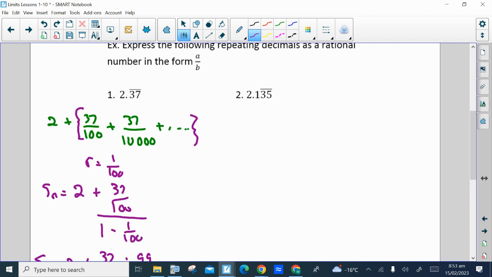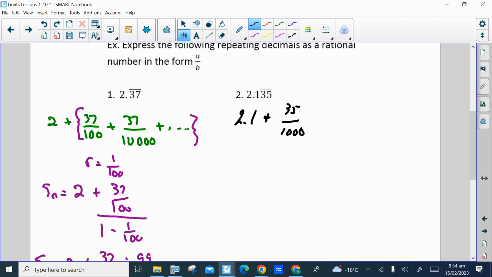Okay? So in this case here, looking at number 2, again, the repeating part doesn't start until you get to the 35. So this number could be expressed as 2.1 plus the first 35 would be 35 over 1,000 because the 5 is 3 decimal places or 3 digits after the decimal.